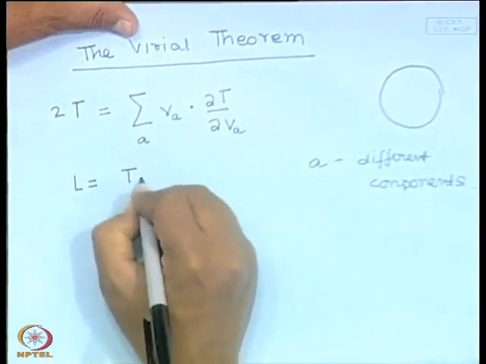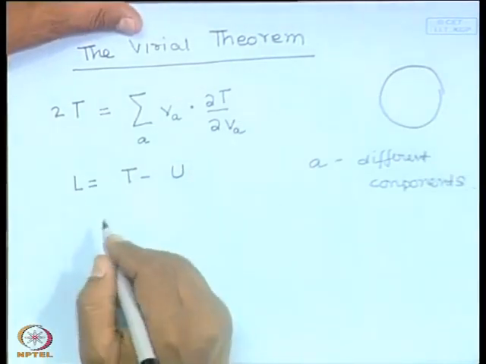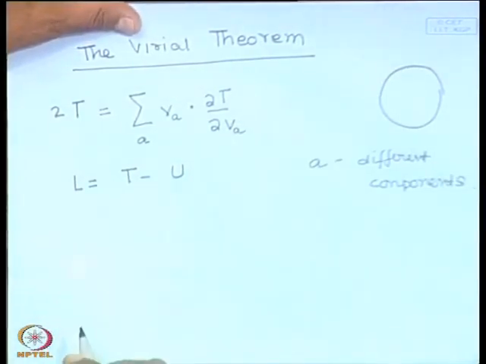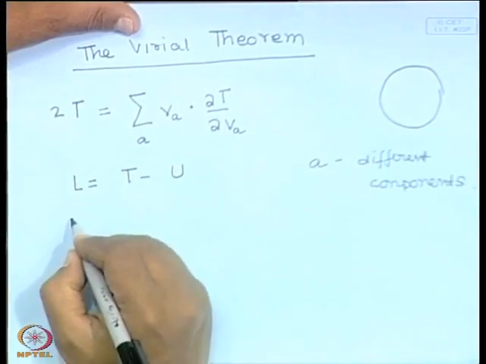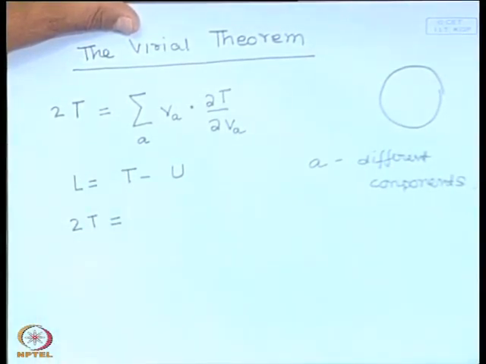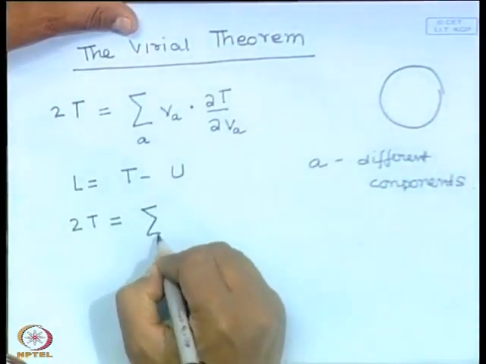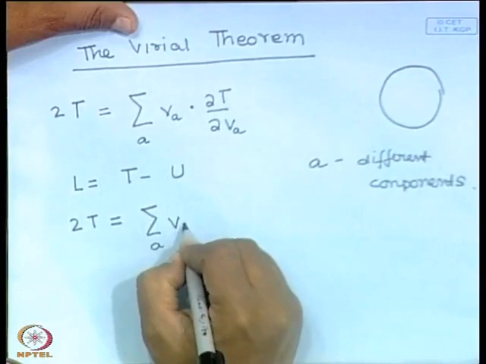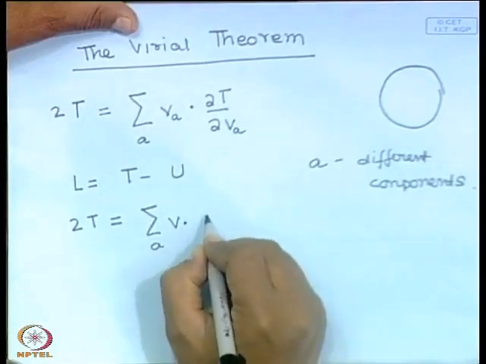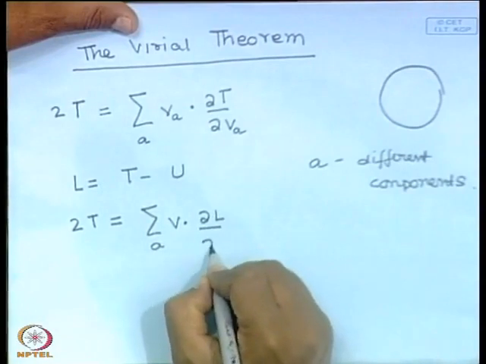And the Lagrangian is T minus u, where u just depends on the coordinates. So we can write this as 2T equal to the sum over A of v dot del L by del v.